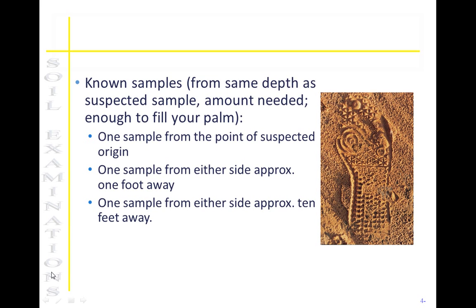So you might want to take also a soil sample from either side of that suspected origin about a foot away, and then once again about 10 feet away from the point of origin. This gives you more information for the elemental type distribution that might be found in that area.